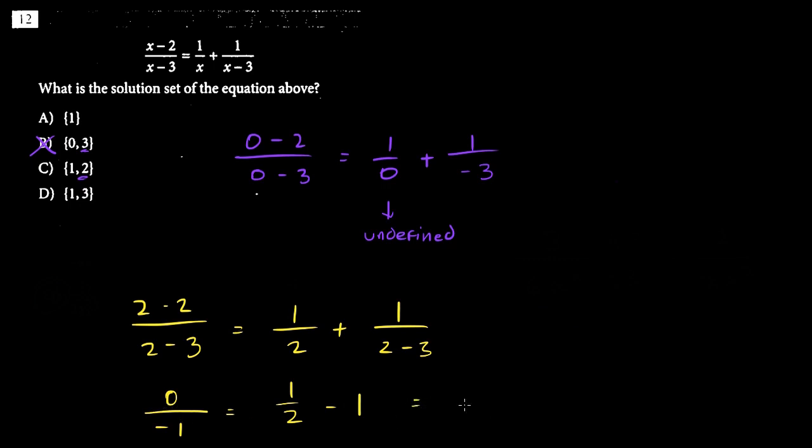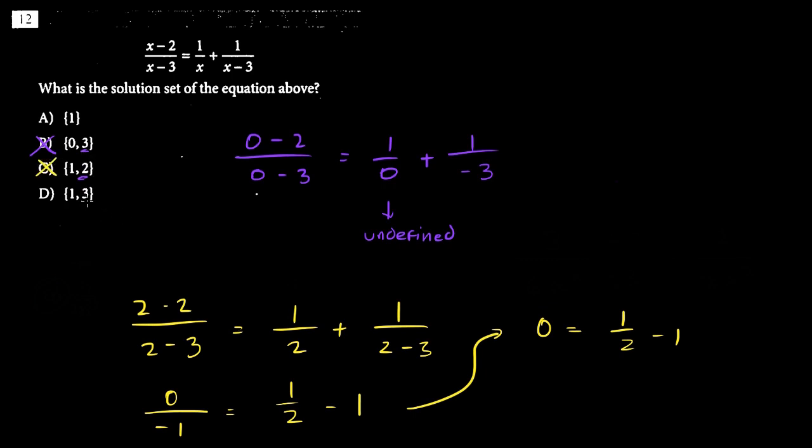And so if I rewrite this again, it's going to be 0 divided by negative 1, which is just 0, equals a half minus 1, which is not correct as well. So 2 cannot be a correct solution.